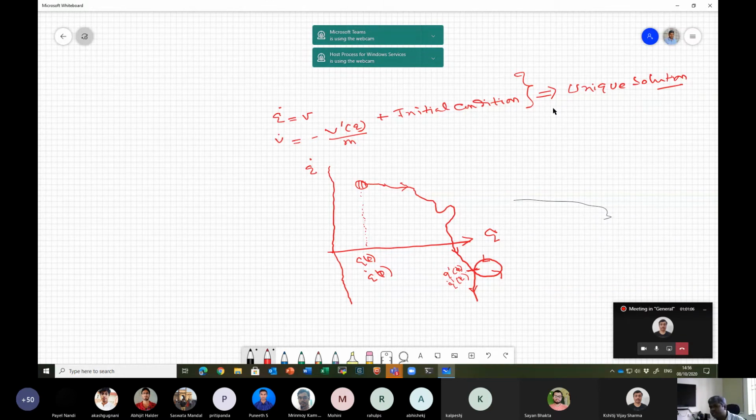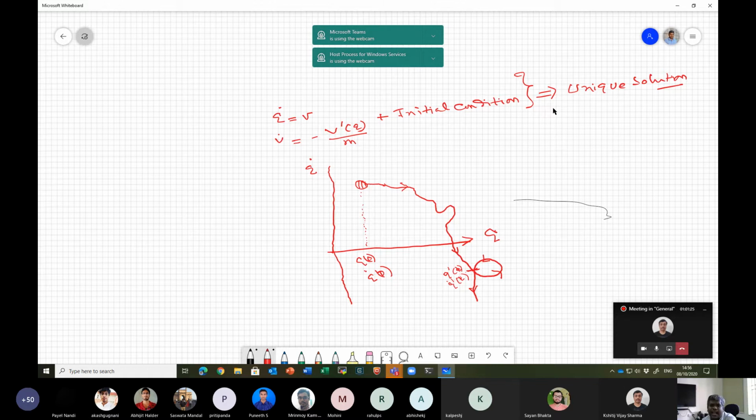So this is actually an important theorem which tells that if you make this force an explicit function of time, or if your system is not autonomous, then only they can cross each other or cut each other, whatever you say.